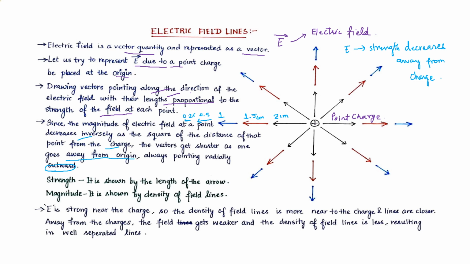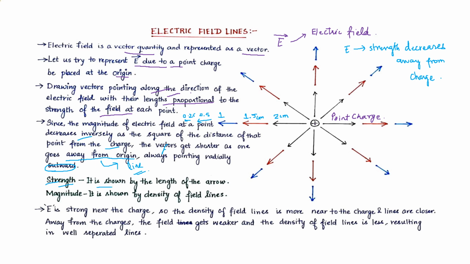At the origin, we have a positive point charge. Hence, we get lines radially outward from the origin. Now the strength is shown by the length of the arrow.